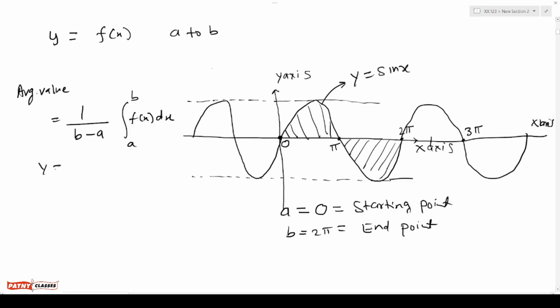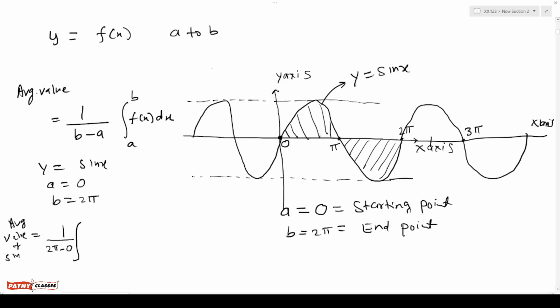And here is y equals sin x. What is the A value? A equals 0. And what is the B value? That is 2 pi. So the function is varying from 0 to 2 pi. So we have 1 upon B minus A, that is 1 upon 2 pi minus 0. We are now finding the average value of sin x.